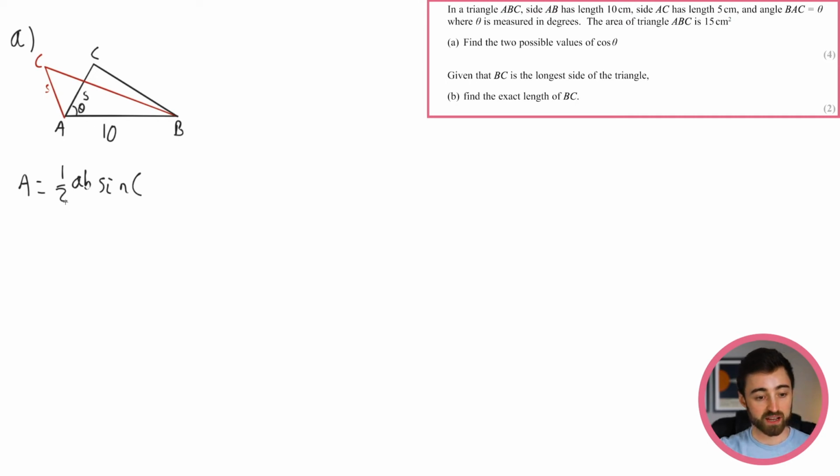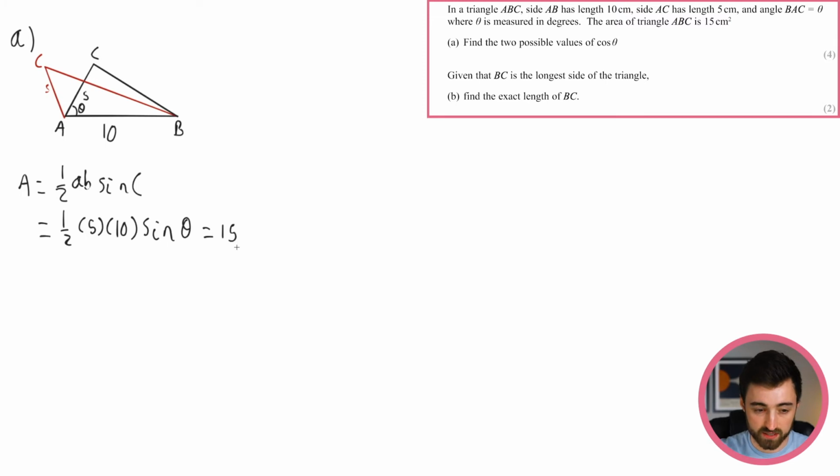So my area is going to be 1/2 times 5 times 10 times sine theta. And then in the red sense, it's going to be 1/2 times 5 times 10 times this sine of theta. So let's work this out quickly. 1/2 times 5 times 10 times sine theta, and we're told that this is equal to 15.